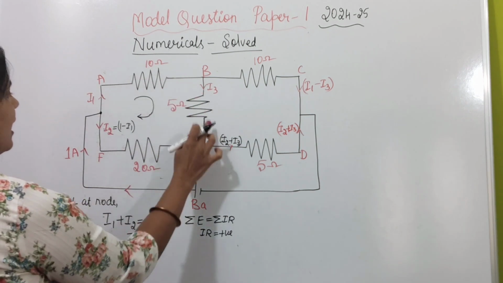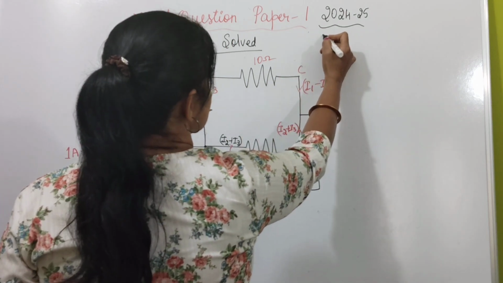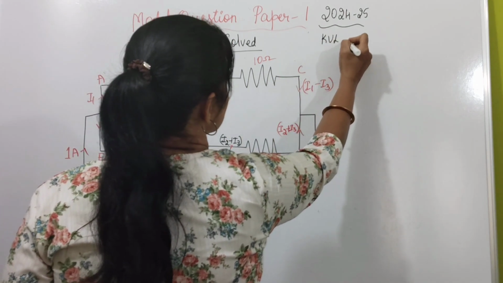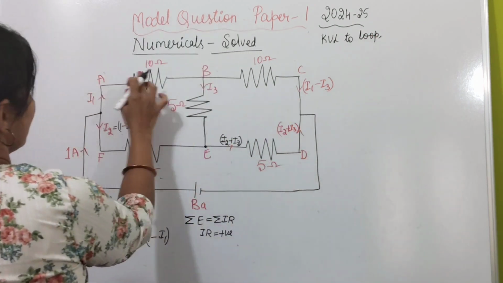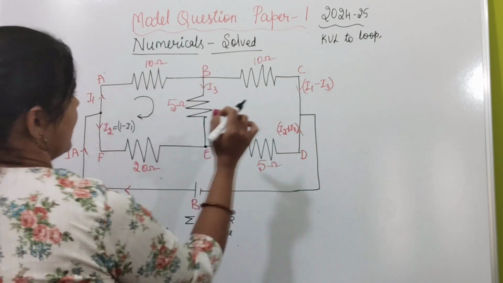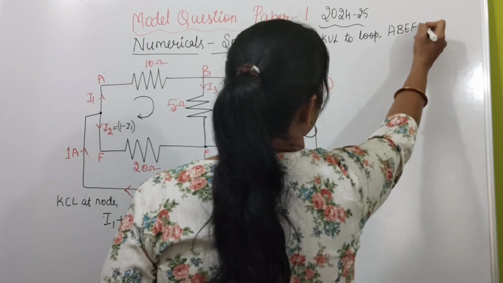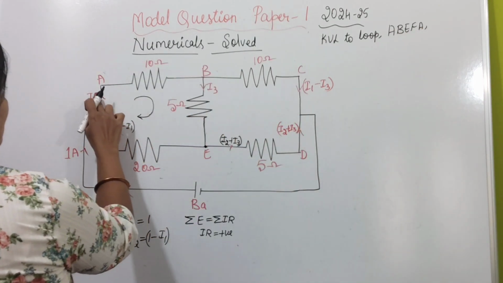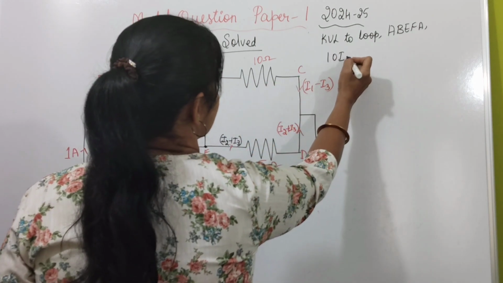First let us apply KVL in this loop. Applying KVL to the first loop, A, B, E, F, A. Here which current is flowing? I1. So that is 10 times I1.